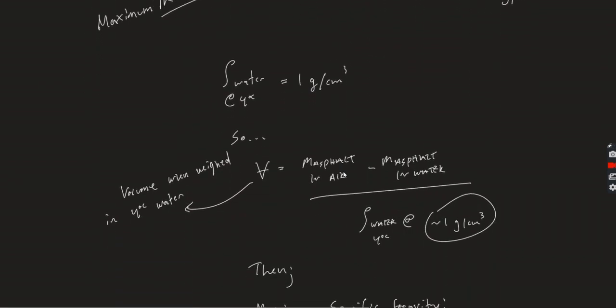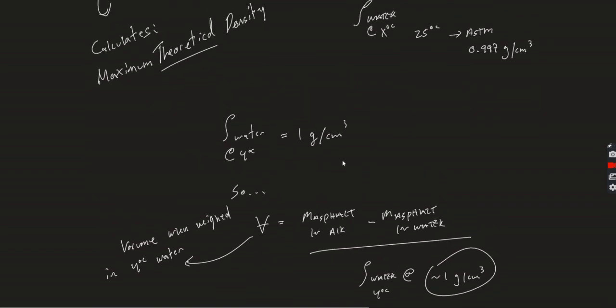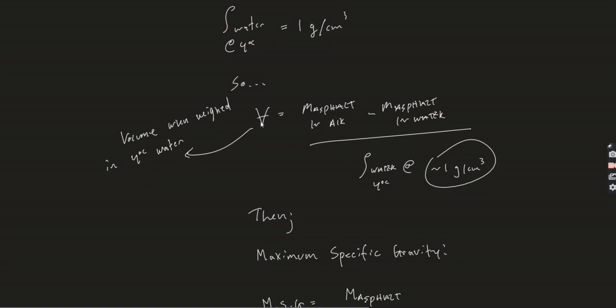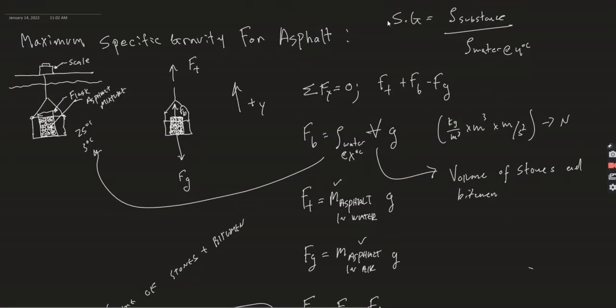And so if you want to calculate the specific gravity, since specific gravity is related only to the density of water at 4 degrees Celsius, the original specific gravity is just the density of the substance divided by the density of water at 4 degrees Celsius. It's always related to 1 gram per cubic centimeter.